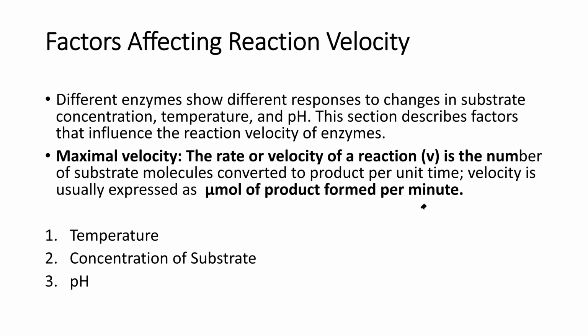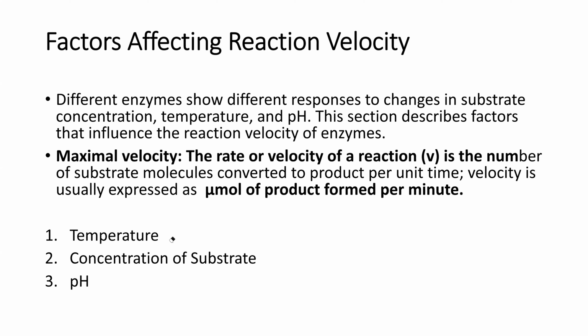Some enzymes are very fast, so they may convert 100 or 1,000 substrate molecules per unit time, while some have a slower rate depending on their structures or the conditions. They may have the capacity of converting 10 substrate molecules into product per unit time.